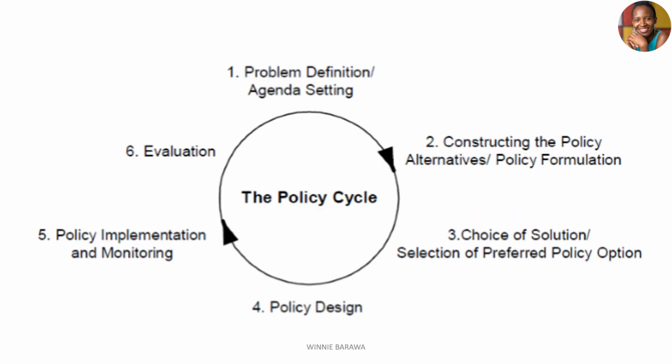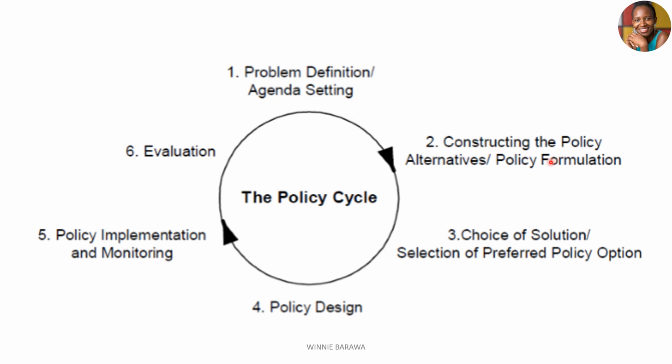So here is a summary of the health policy formulation. Some books will be showing you 7 stages, others are talking about 6 stages, but I kind of liked this diagram because it really summarized it into short and straightforward stages or steps. So we have step 1, which is called problem definition. Some people separate the agenda setting, but in this one it's combined.